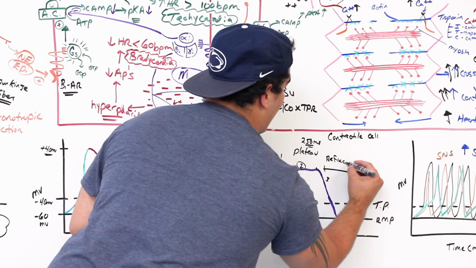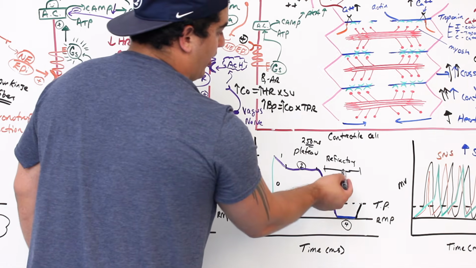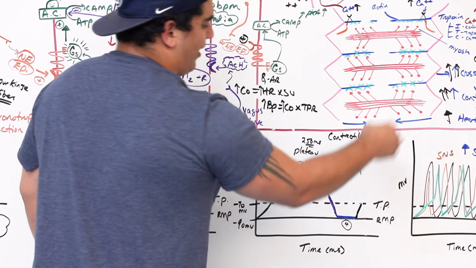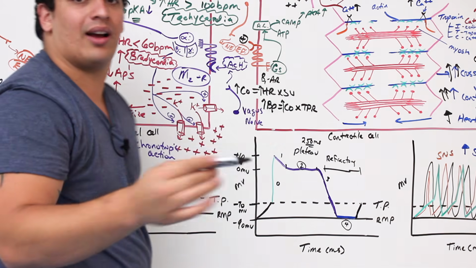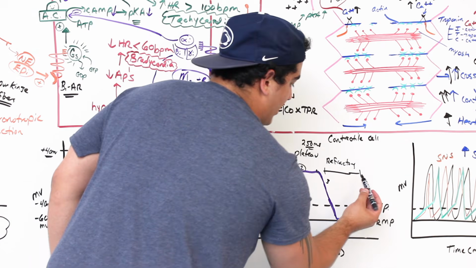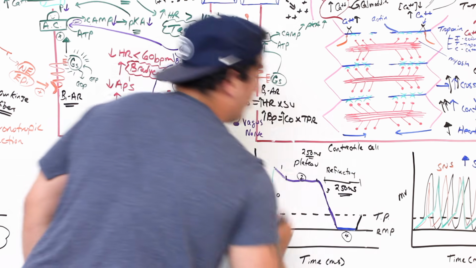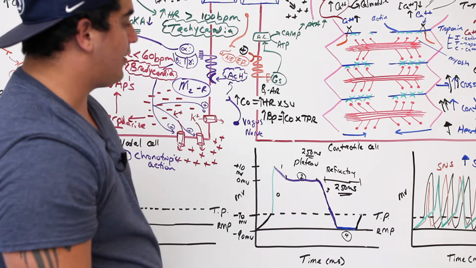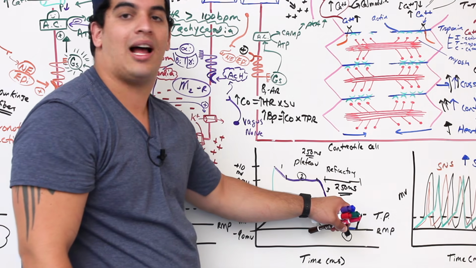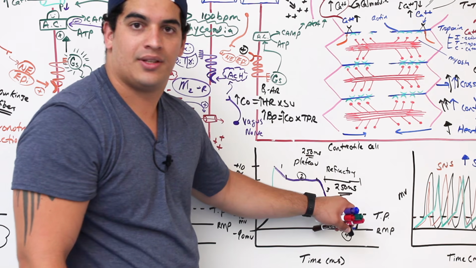It's actually broken up into 3 different parts: the absolute refractory period, the relative refractory period, and another one called the supernormal period. We're not going to talk about that. I just want you to understand the refractory period is when the heart is resting, and it's also about 250 milliseconds. This is crucial. You want the heart to rest.